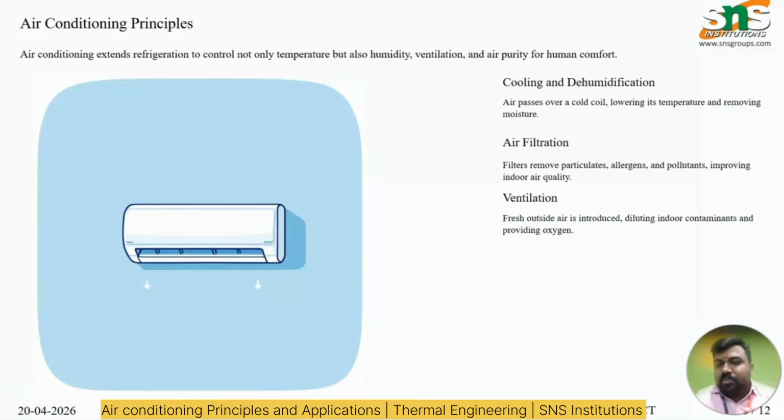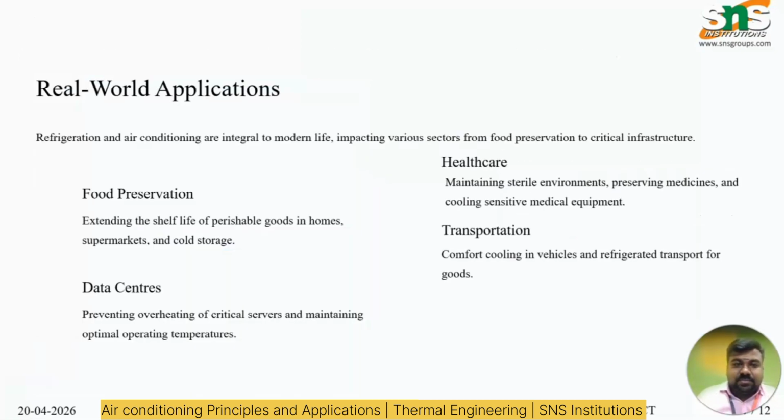In the air filtration process, it removes particulates, allergens, pollutants and foreign materials, improving the indoor air quality. In the ventilation process, fresh outside air is introduced inside the room, diluting the indoor contaminants and providing oxygen.